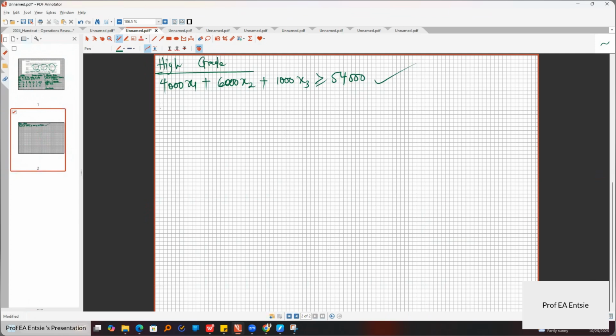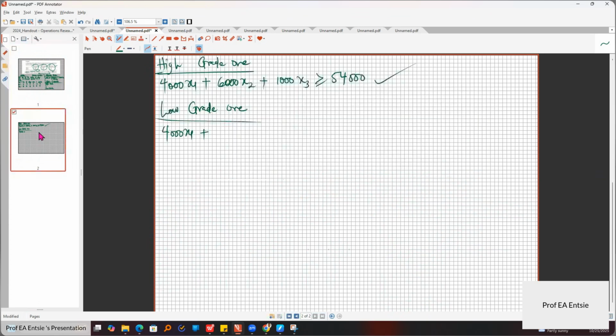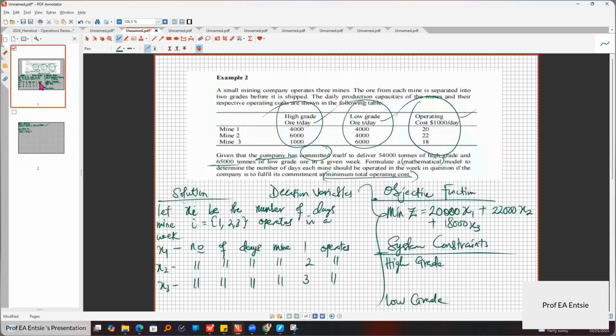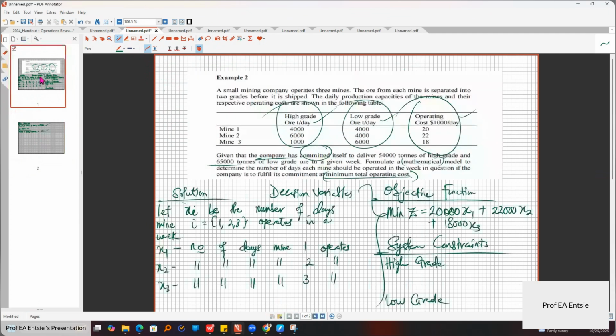So the second constraint is 4,000 times the number of days mine one operates within a week, plus 4,000 times the number of days mine two operates within a week, plus 6,000 times the number of days mine three operates. This is also greater than or equal to 65,000, because they are committed to produce that within a week.